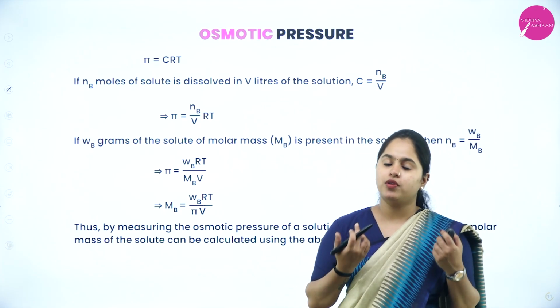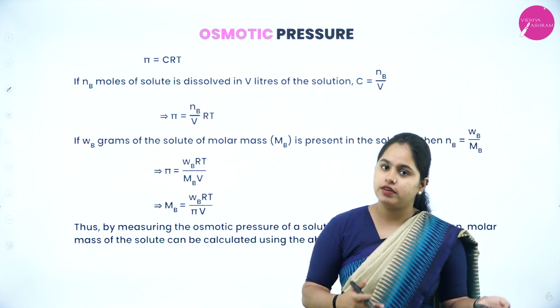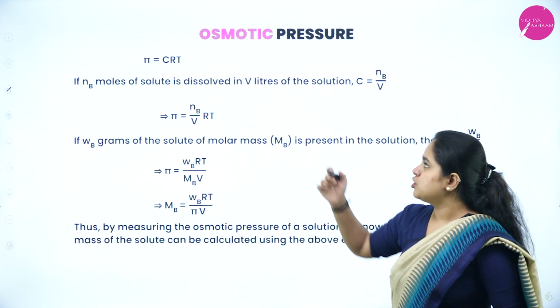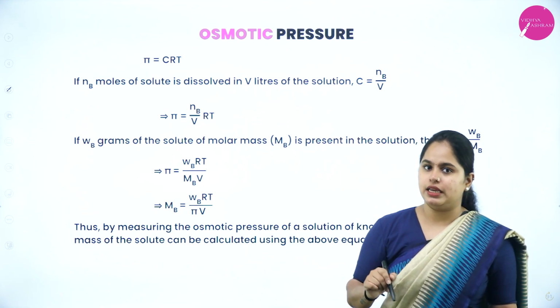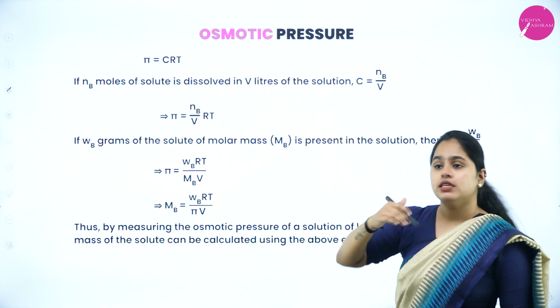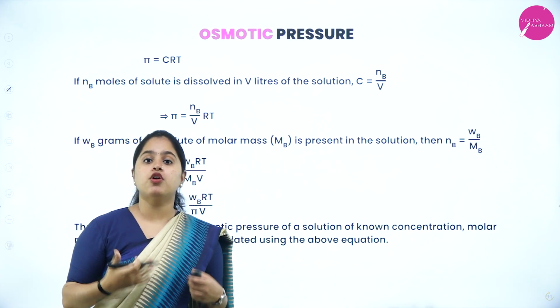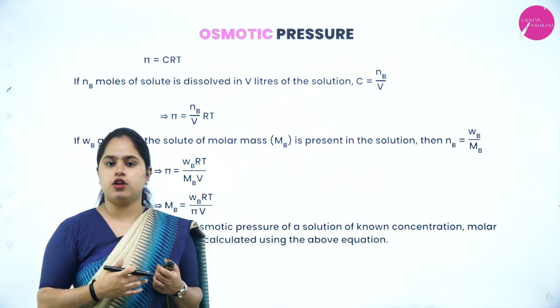Now, coming on to how you can calculate the molar mass of the solute using osmotic pressure. We studied how we can calculate molar mass from elevation in boiling point and depression in freezing point as well. So, we will see here. We know that pi is equal to CRT. What is C here? C is the molarity. How do you calculate molarity? Molarity is the number of moles present in 1 liter of the solution.